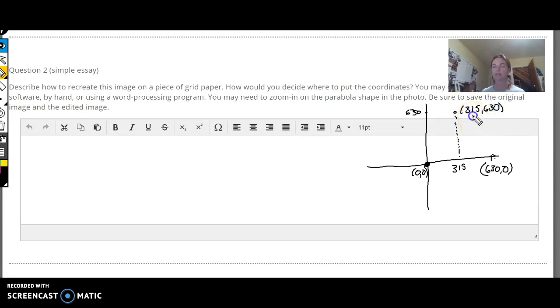So I also know that these are my h and k values, which are my vertex. Okay, these are my roots. My roots are going to be 0 and 630, and my h and k values, or my vertex, are going to be 315 and 630.